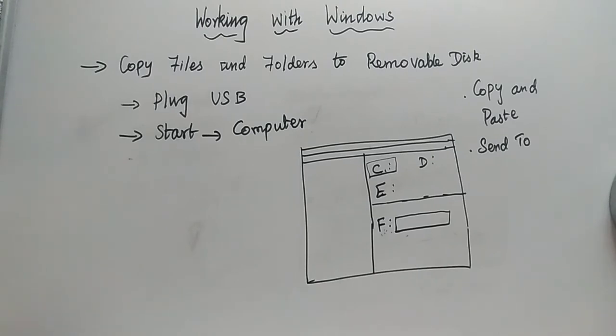Is it clear how to copy from C colon, as an example, to your removable USB pen drive? This is method 1 of copying and pasting to a removable disk.